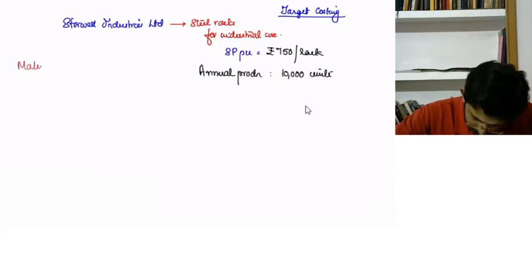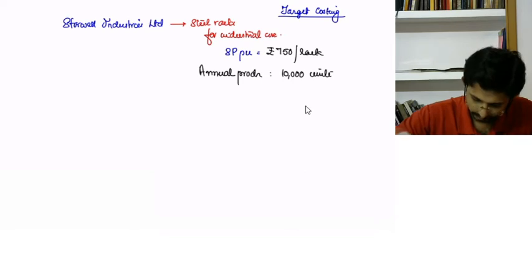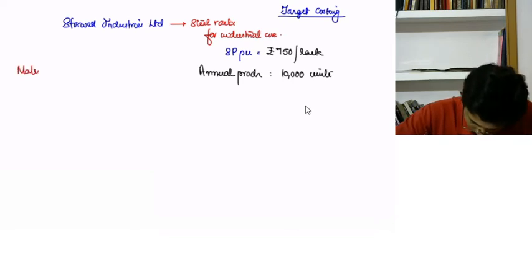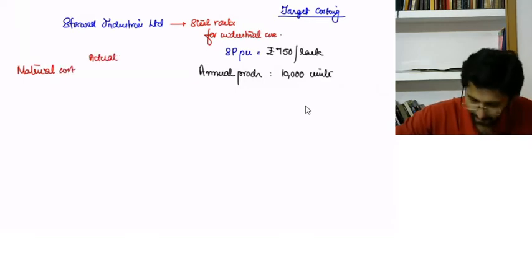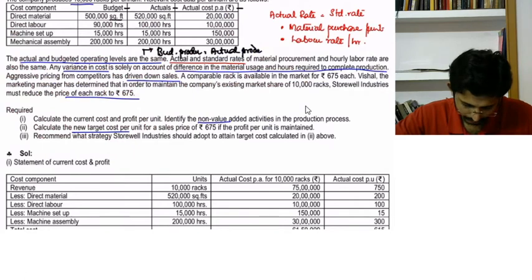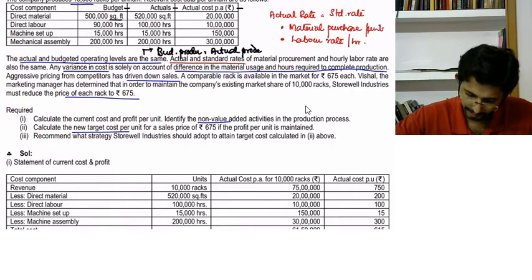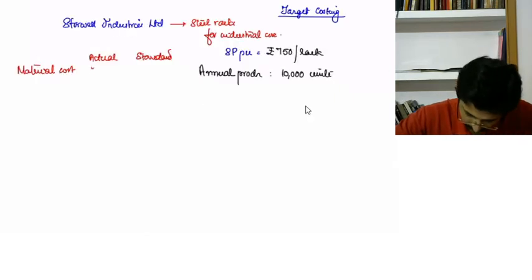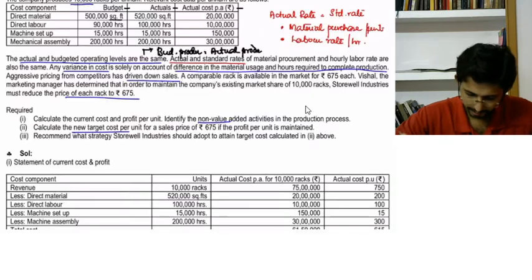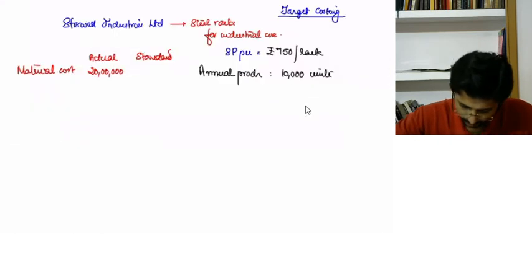Material cost, we have both actual as well as standard. Okay, what is the actual material cost? Actual material cost is 20 lakhs, whereas standard rate is not available.